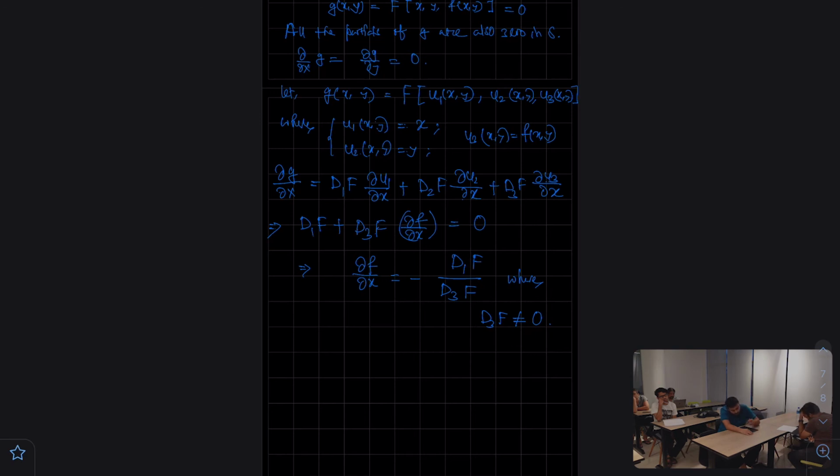U2 will become 0, because u2 is y, so we are not counting the x. Well, actually, 1, 2, 3 are not derivatives of x, y, and z. They are derivatives of just u1, u2, and u3.